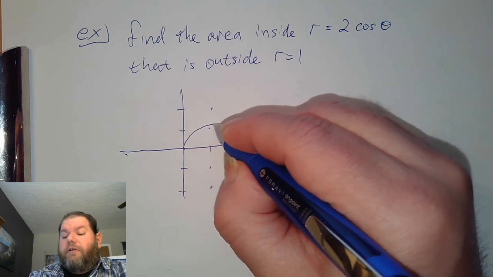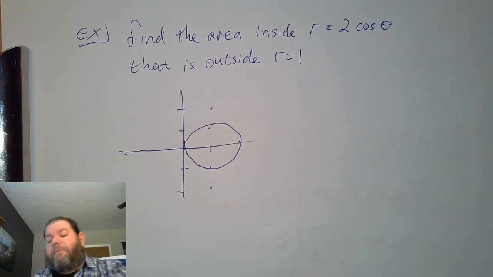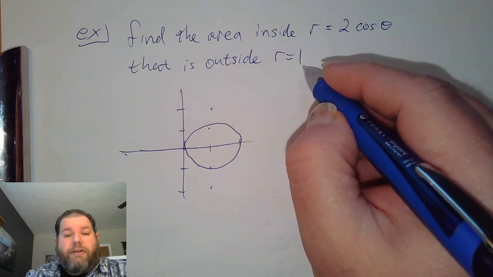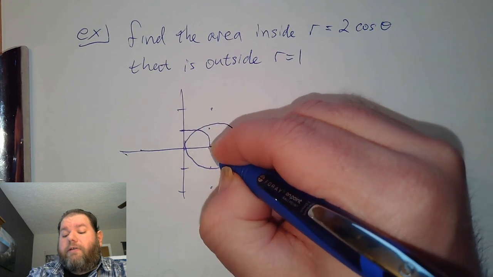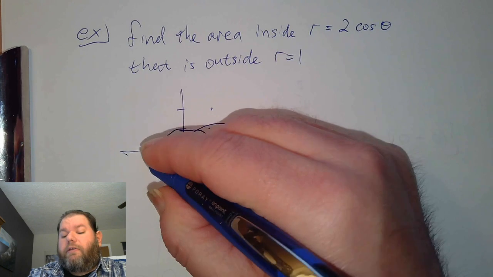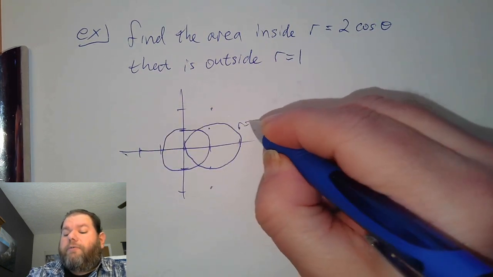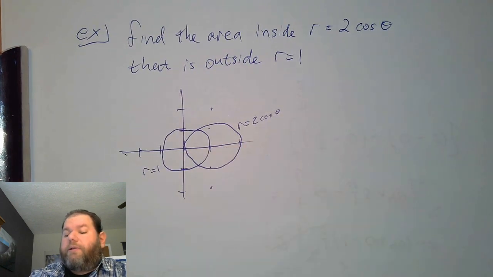It's not that hard. I'm making it hard. Okay, something like that. Now, r equals 1 is a circle of radius 1 also, but centered at the origin. So it looks sort of like this. So here's r equals 2 cosine theta, and here's r equals 1.